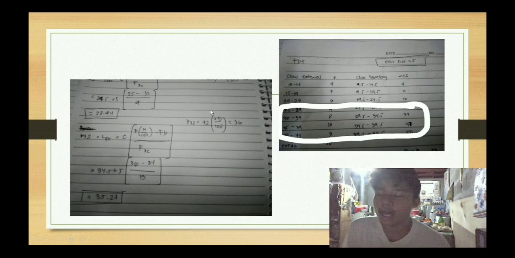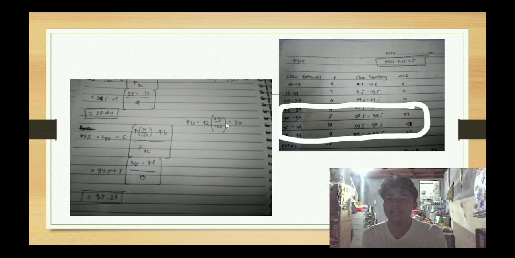Basta nasa baba po yung 100 lagi, hindi po siya magbabago na sagot. So, let's say kukunin natin ay P72, percentile 72. So, i-transfer lang po natin: 72 times 50 divided by 100, kasi yun yung number of observations, yung N. Magiging 36 po.